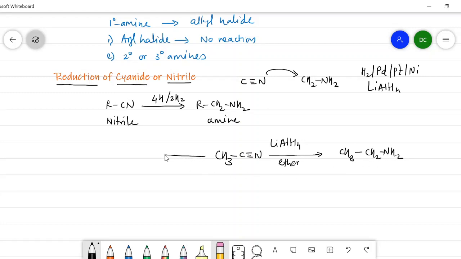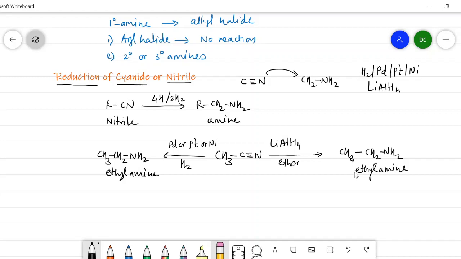And if you take palladium or platinum or nickel in presence of hydrogen, again this ethane nitrile is converted into ethyl amine. In this way, we can use either lithium aluminum hydride or a metal catalyst in presence of hydrogen to convert nitrile or cyanide into the corresponding amines.